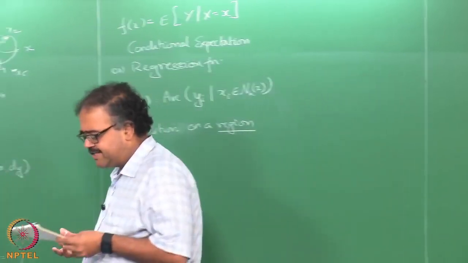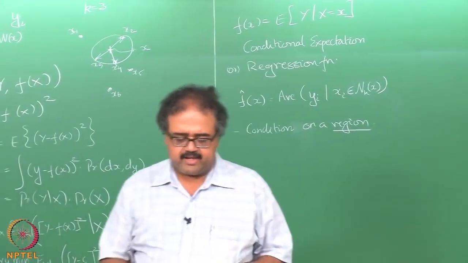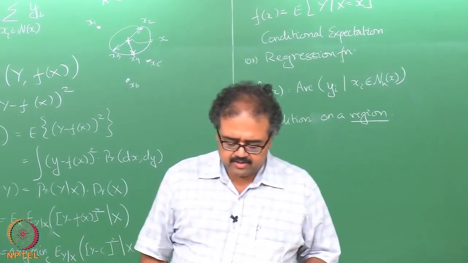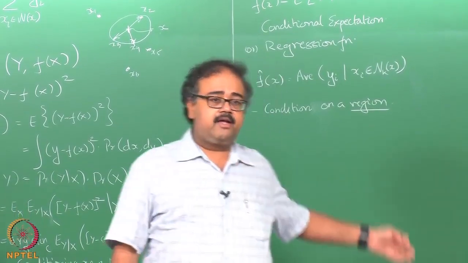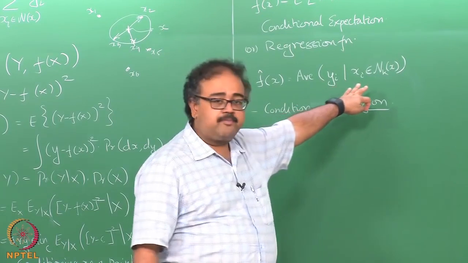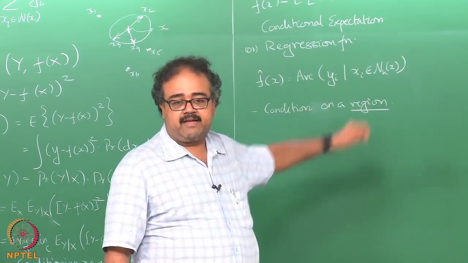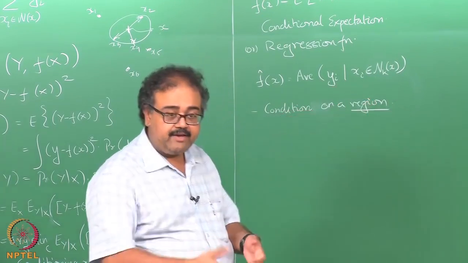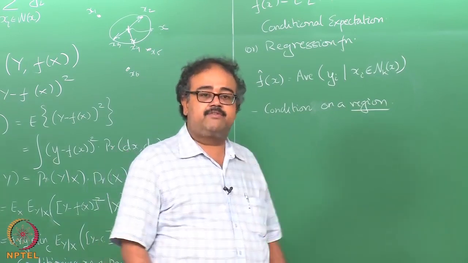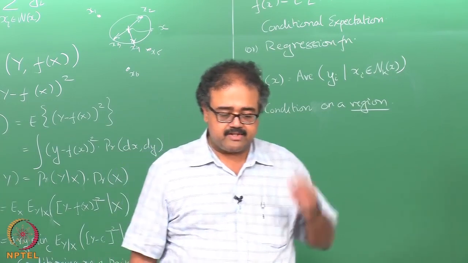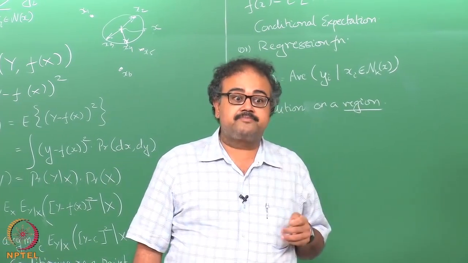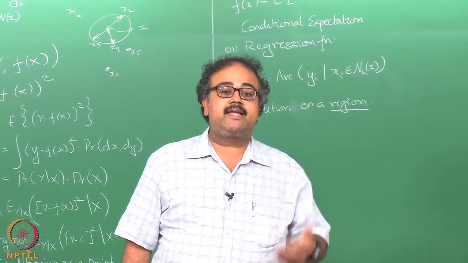So, why are we conditioning around a region? So that instead of taking an average of one data point, I have at least k data points of which I will be taking the average. That gives me a better estimate of the expectation. That is the reason we are doing this conditioning over a region, but more importantly we are also making an implicit assumption.